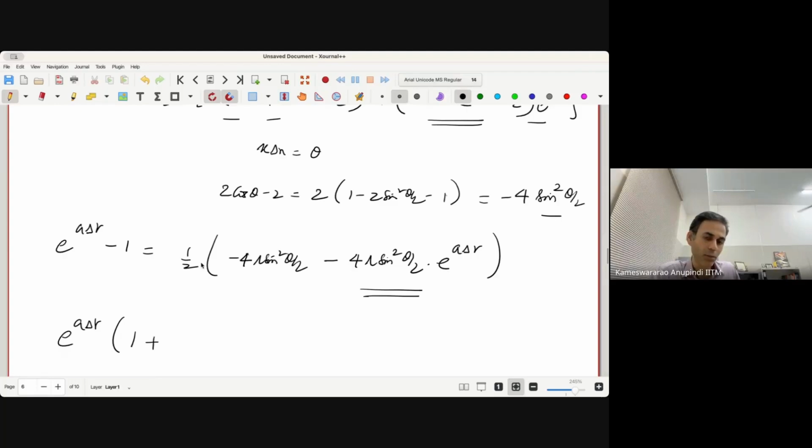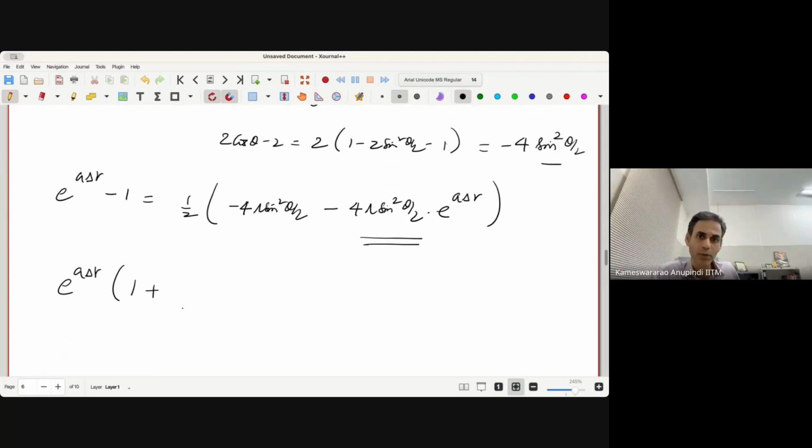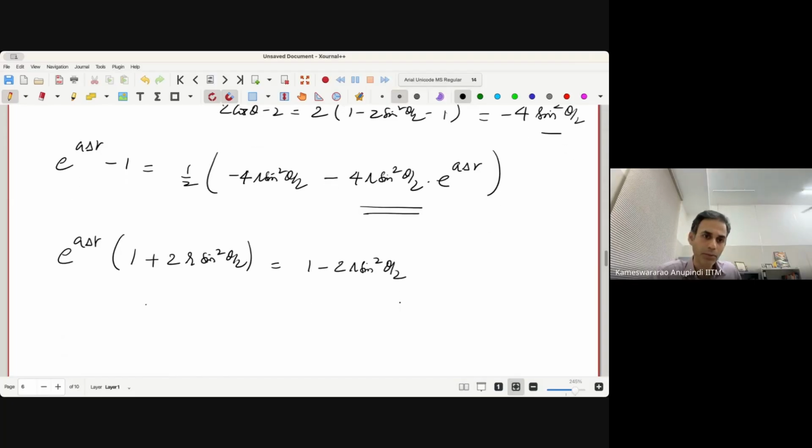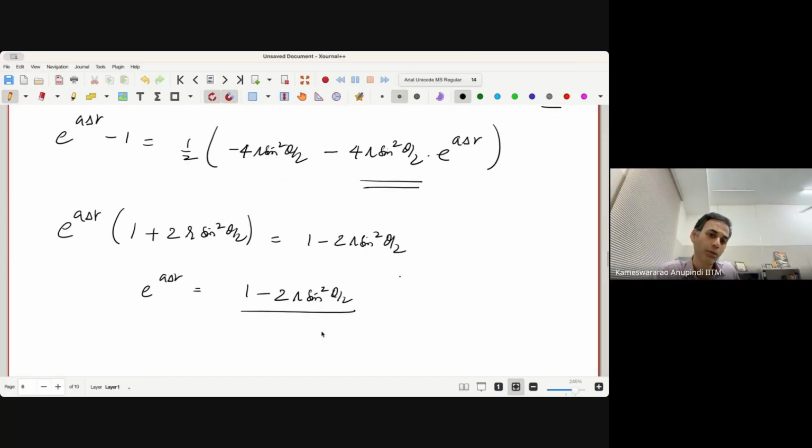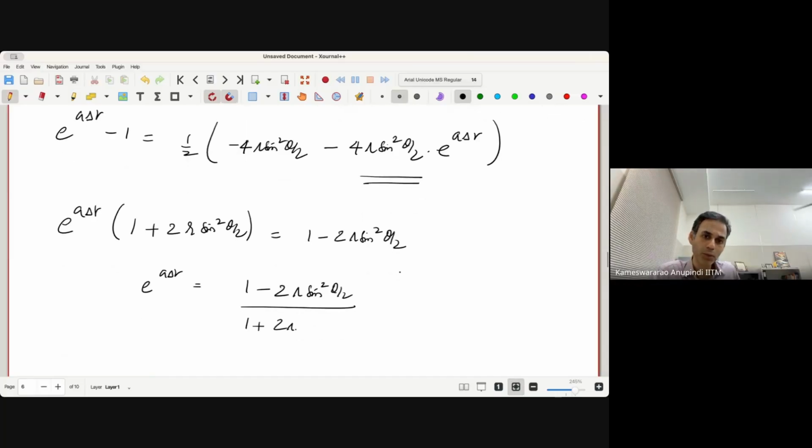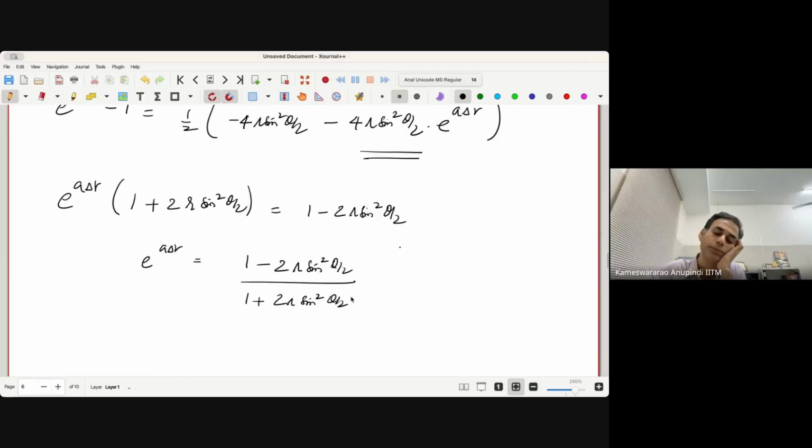So this is going to be 1 plus 2r sine square theta by 2 equals 1 minus 2r sine square theta by 2. That means e to the power a delta t equals 1 minus 2r sine square theta by 2 divided by 1 plus 2r sine square theta by 2.